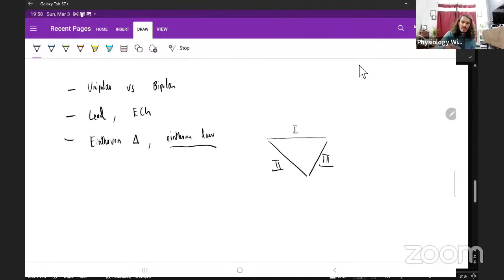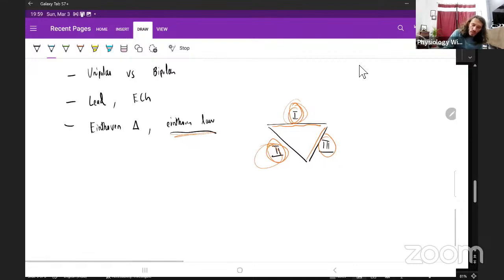So at any point, if you can get the value of 2 leads, for example, you take lead 1 and lead 2, the mean vector of that is going to be equal to this one because it's an equilateral triangle. So that is what Einthoven's law tells you. If you get any combination of 2 electrode leads like this, you can get the other one. Okay, so that is Einthoven's law.